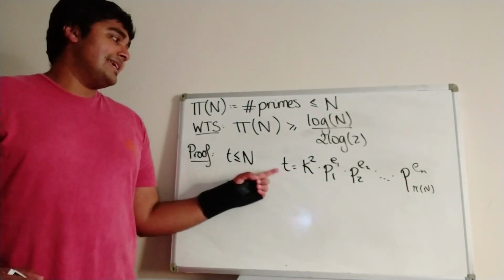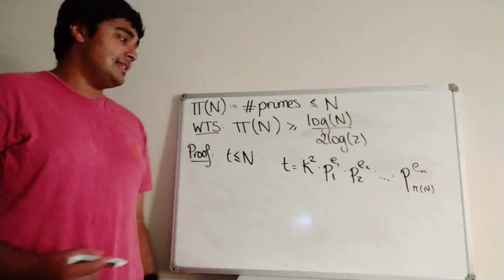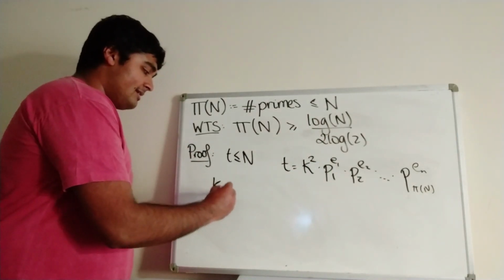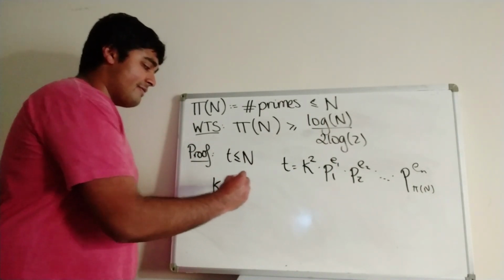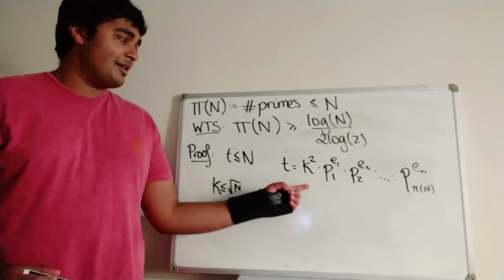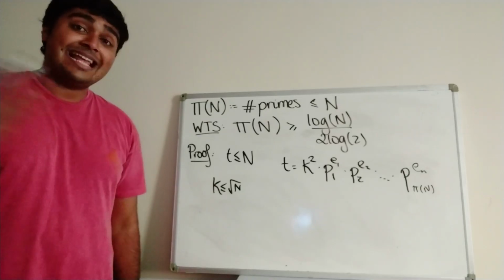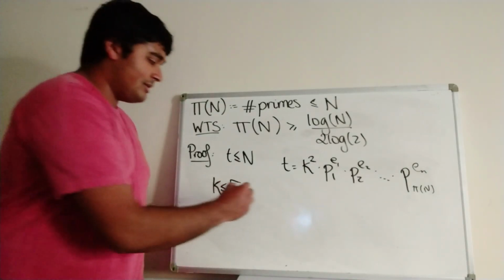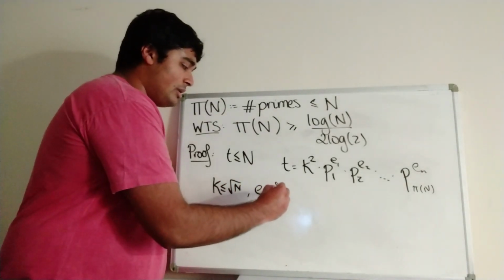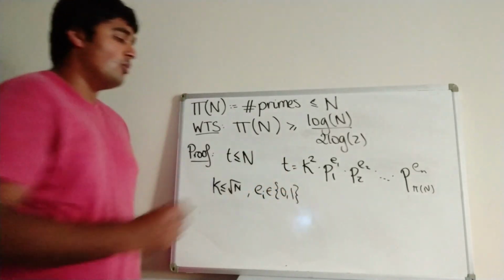Okay, so any number t less than or equal to n can be written in this form here, where k is obviously going to be less than or equal to the square root of n, because if it was bigger than the square root of n, then t would be bigger than n, and that would contradict that. So k must be less than or equal to the square root of n, but also these ei's are all either 0 or 1.